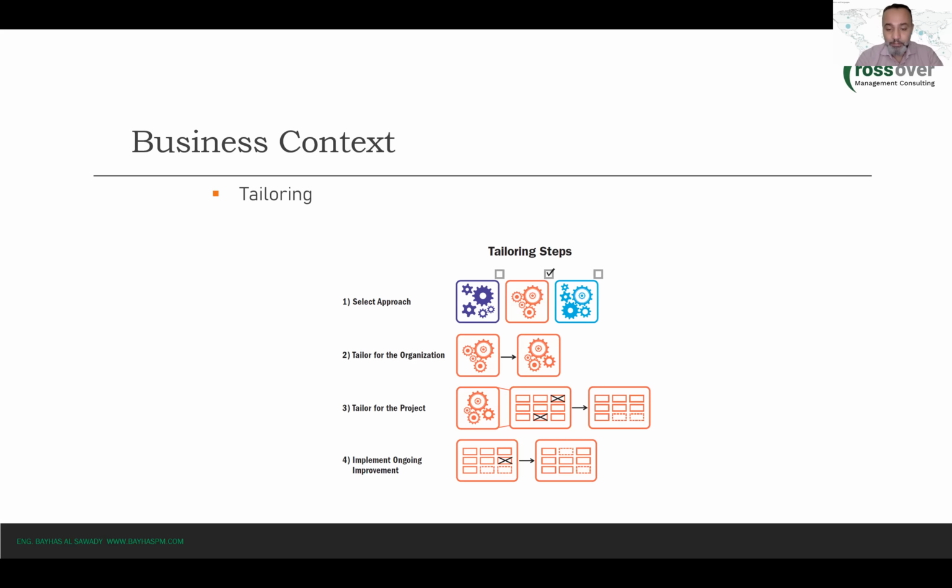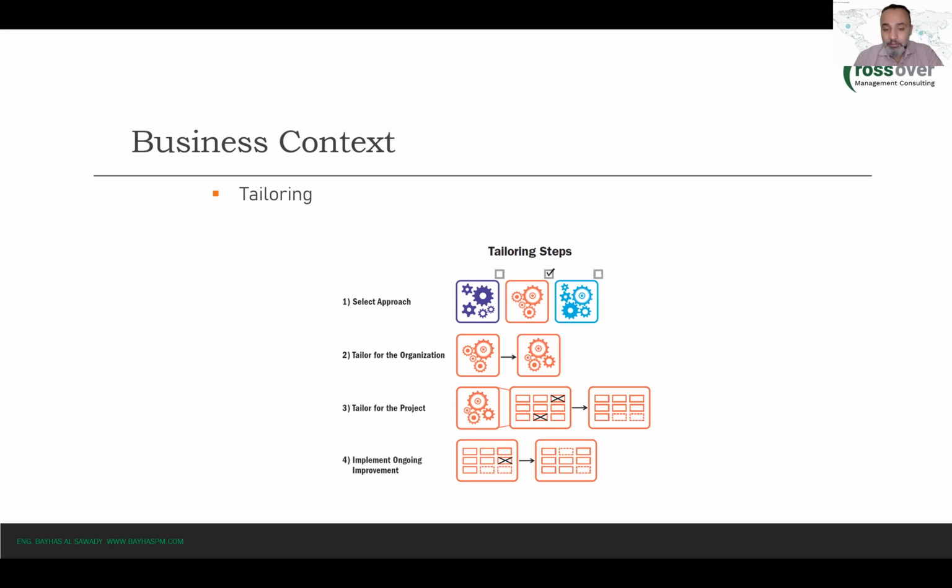This is completely wrong. And by the way, sometimes we notice that a lot in different organizations. They create an approach and they try to apply the approach in all the projects that they have. And this is completely wrong because every project is unique and every context is unique.